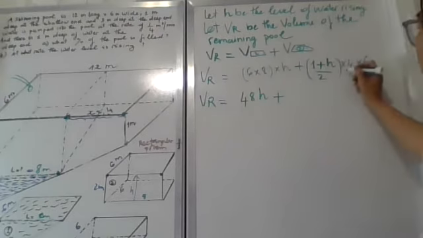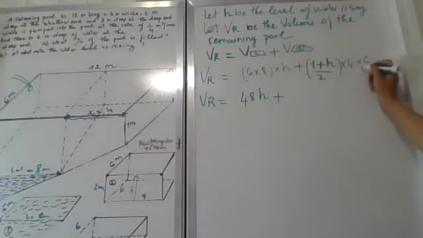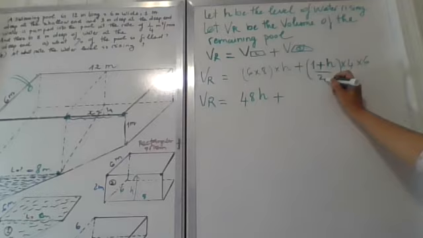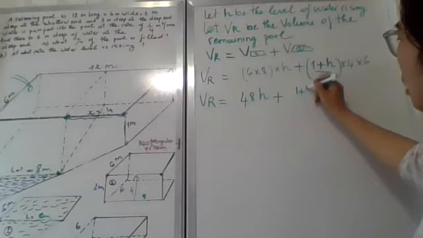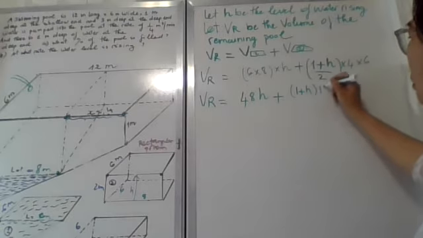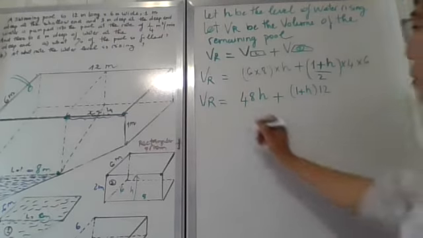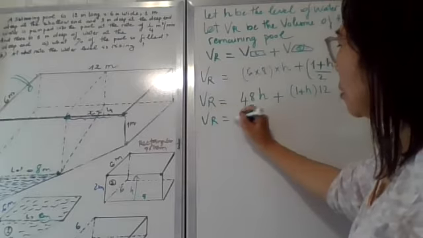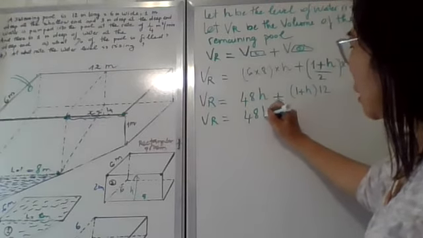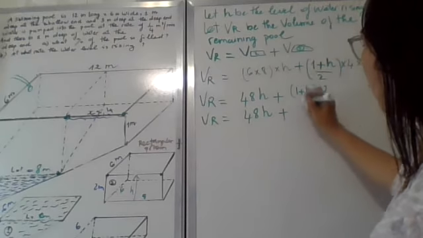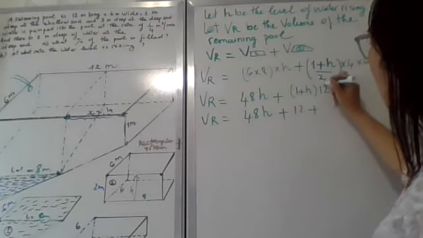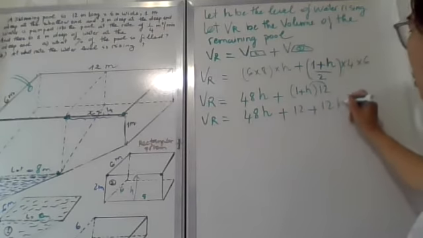Adding V2, which is 4 times 6 is 24. 24 divided by 2 is 12, so this becomes 1 plus H, times 12. Now VR will be equal to 48H, adding 12 times 1, which is 12, adding 12 times H, which is 12H.